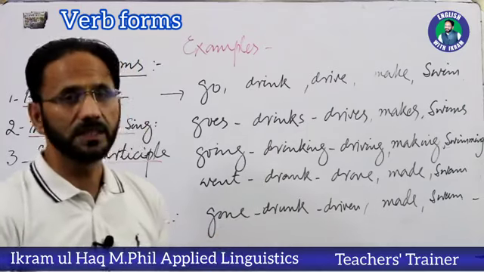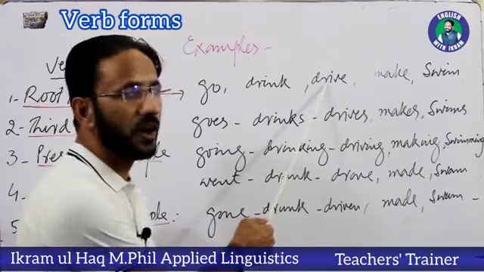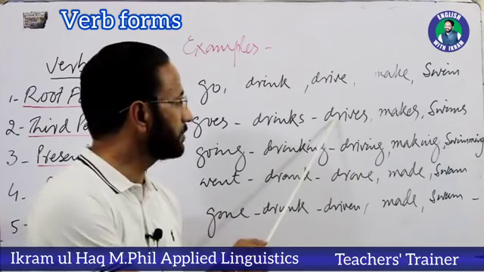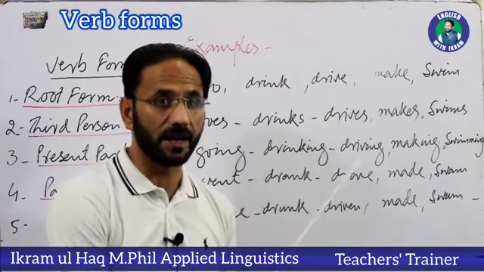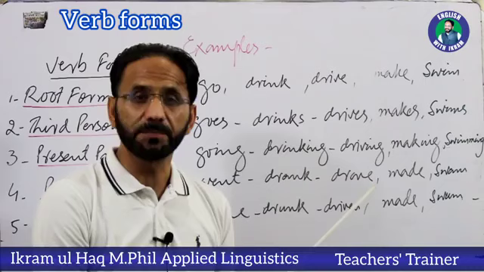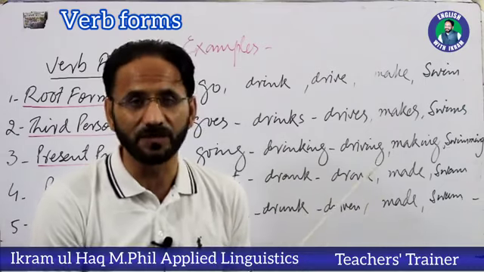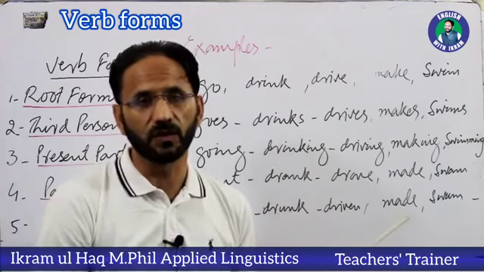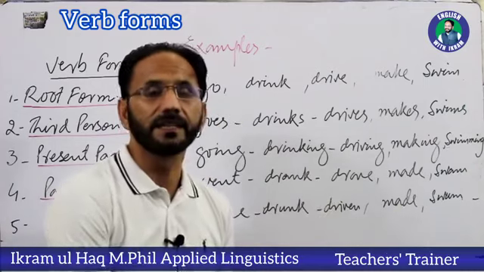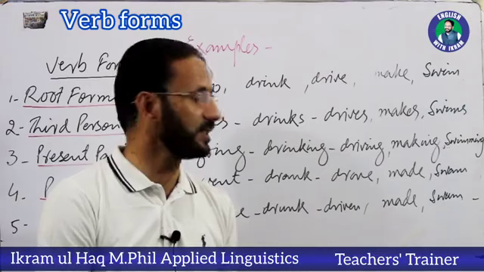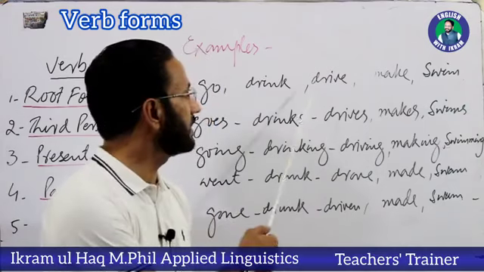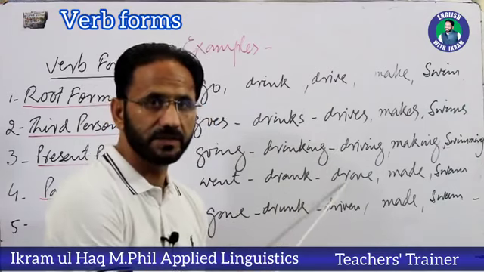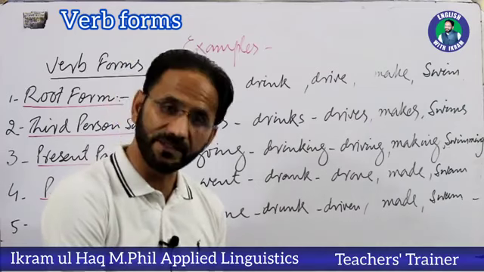Then one more example. Root form, base form is drive. 3rd person singular form of this verb is drives. Then present participle form or ing form of this verb is driving, and then past form of this verb is drove, and then past participle form of this word is driven. So here it is drive, drives, driving, drove and driven.